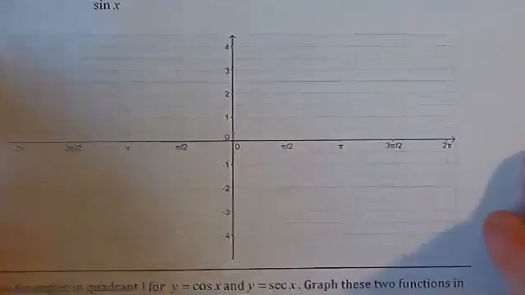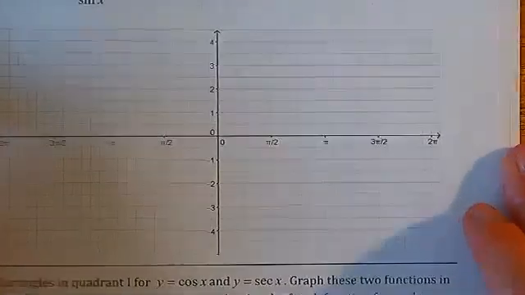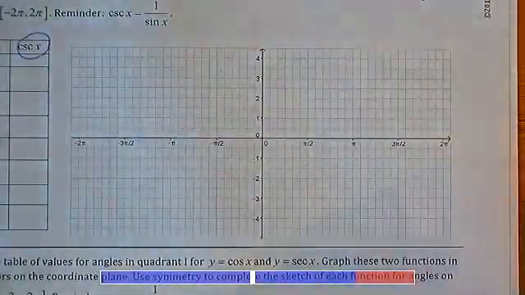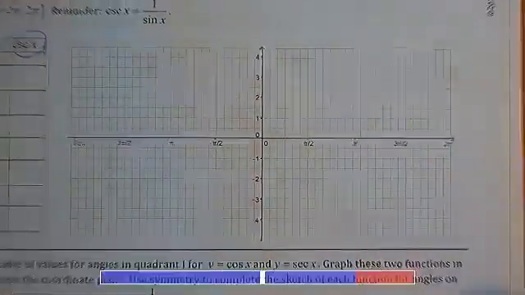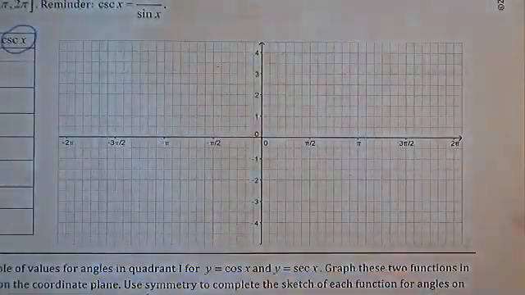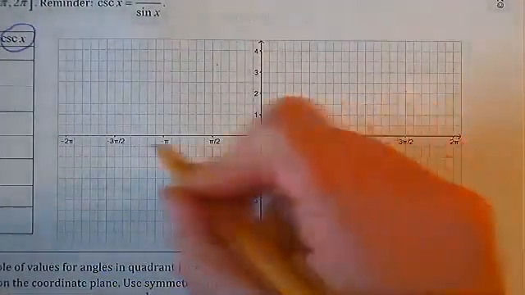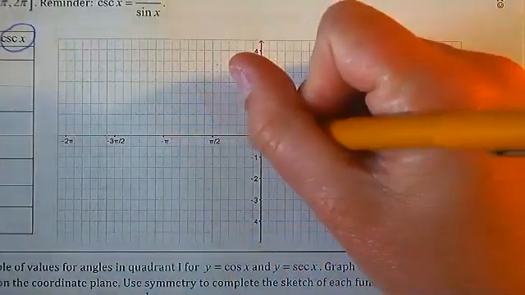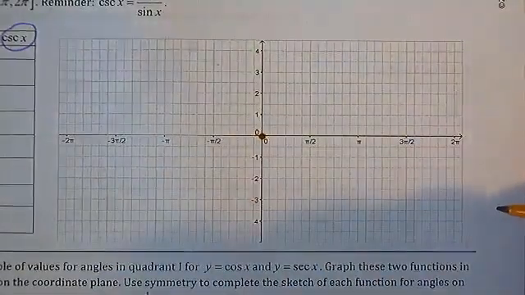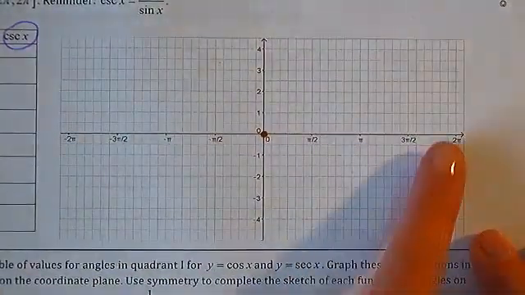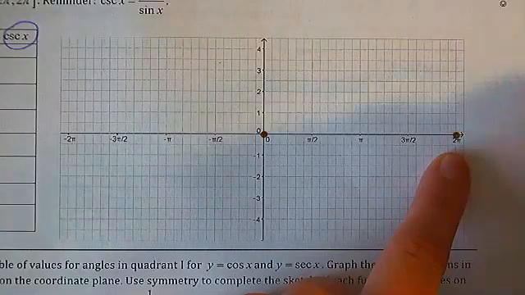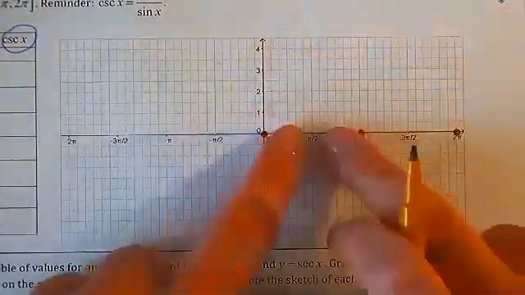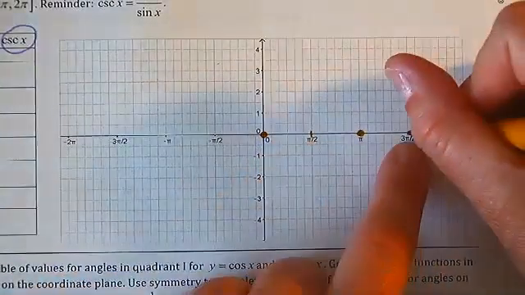So for sine, just to remind you, without using a table, because it might be easier to do this first and then the table. For the parent, we always start on the midline, which is the x-axis, and the y-axis right there. All parent sines have a period of 2 pi, so that means it ends there. Then we do our halfway method, and then halfway again to find the quarter points.